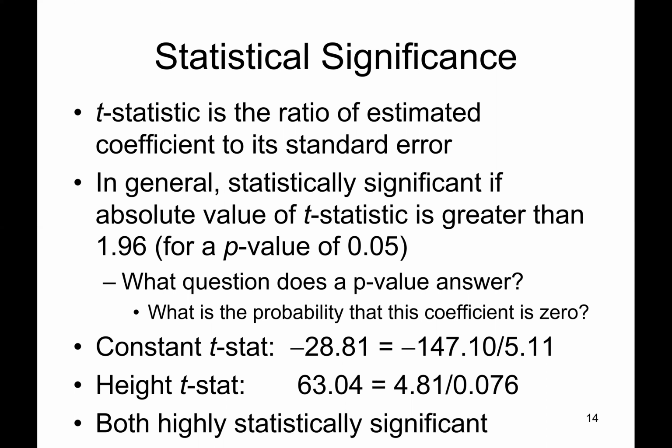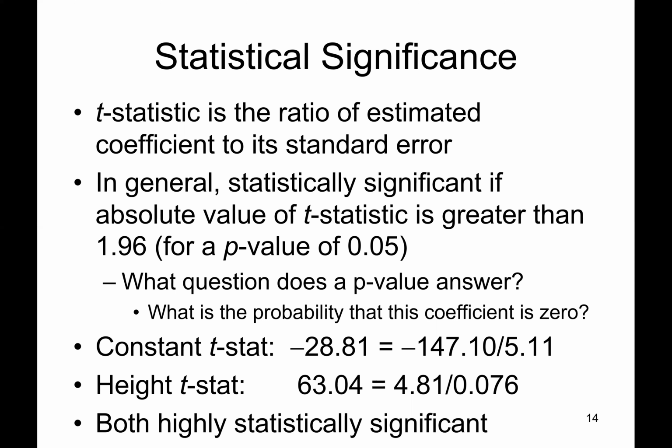So it gives us a sense of how likely these findings are just due to chance. For that reason, low p-values mean that it's very unlikely that there's no relationship between these two variables. The industry standard, you might say, is usually 0.05.